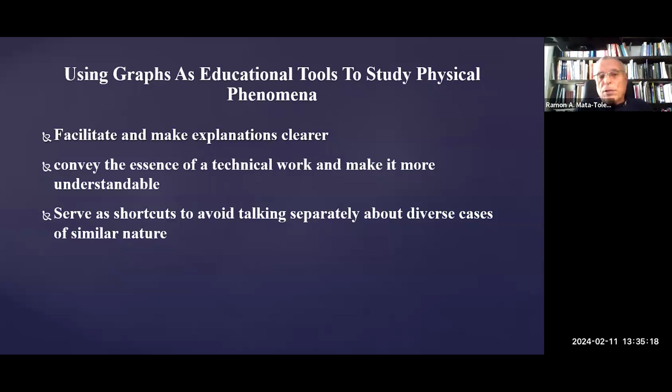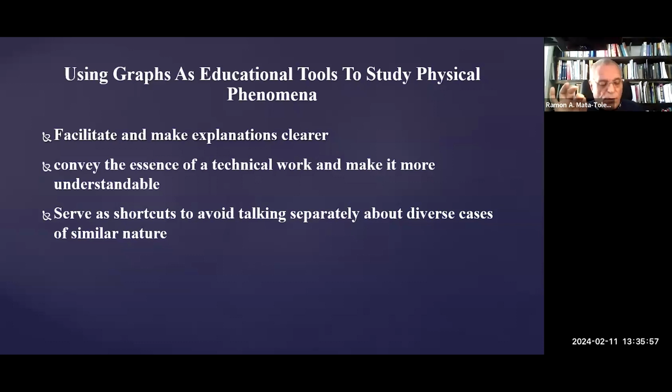The graph also serves as a shortcut to avoid talking about separate but similar issues with the phenomena that we may be exploring. What happens if we change this? What will we see if this variable is changed, whether it's increased or decreased? We think that the graph allows us to explain some of those in a simple way, and the students seem to understand it.